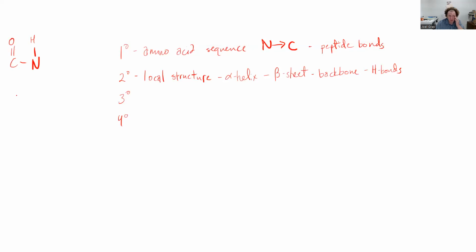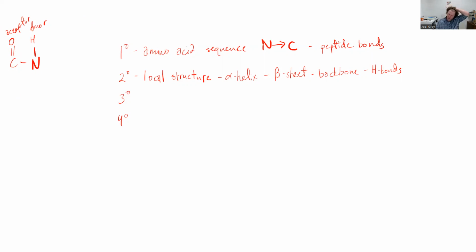O. Okay, so what you have there with a carbonyl oxygen and hydrogen off that nitrogen is a prime example for a hydrogen bond acceptor and a hydrogen bond donor. So this would be our donor, and this would be our acceptor. So your local structures are largely going to be dictated by your hydrogen bonds, or backbone hydrogen bonds.